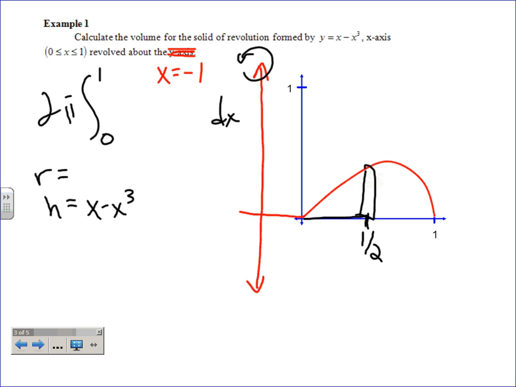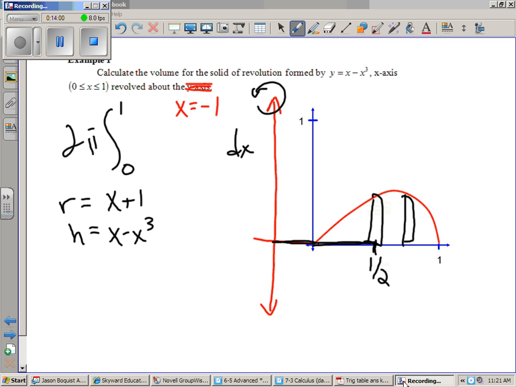Is 1/2 the radius? No, it's actually 1.5, correct? What if I put it at 0.75? Is 0.75 actually the radius? No, 1.75 is the radius. So it's basically just whatever the x value is, plus 1. Okay. Let's see how close we are. Pretty close. I think we'll make it.